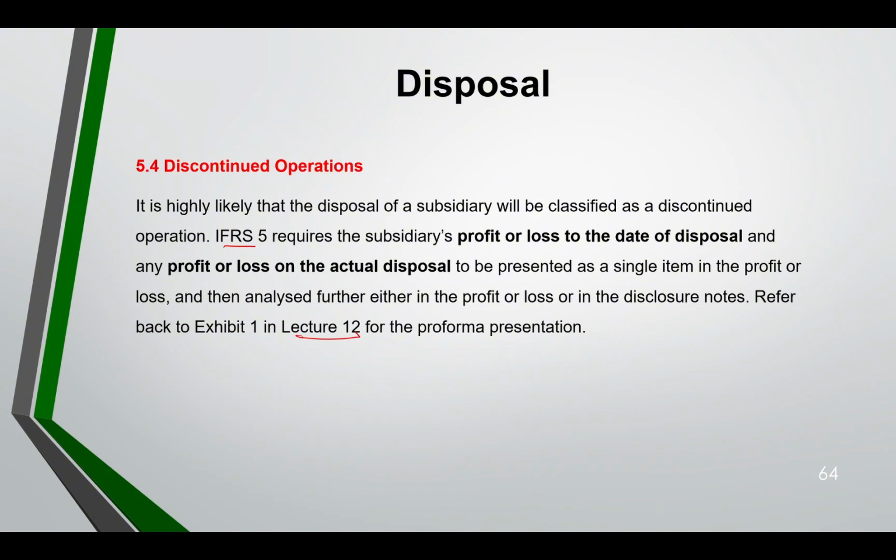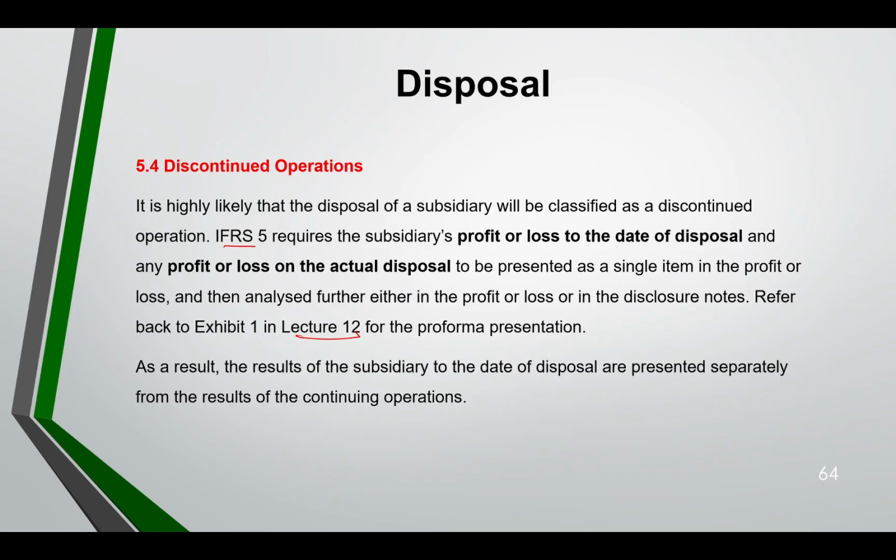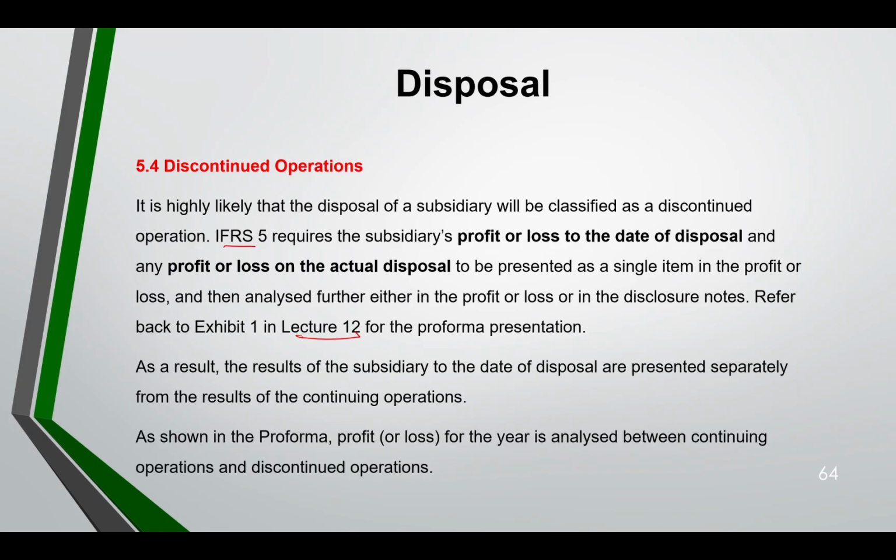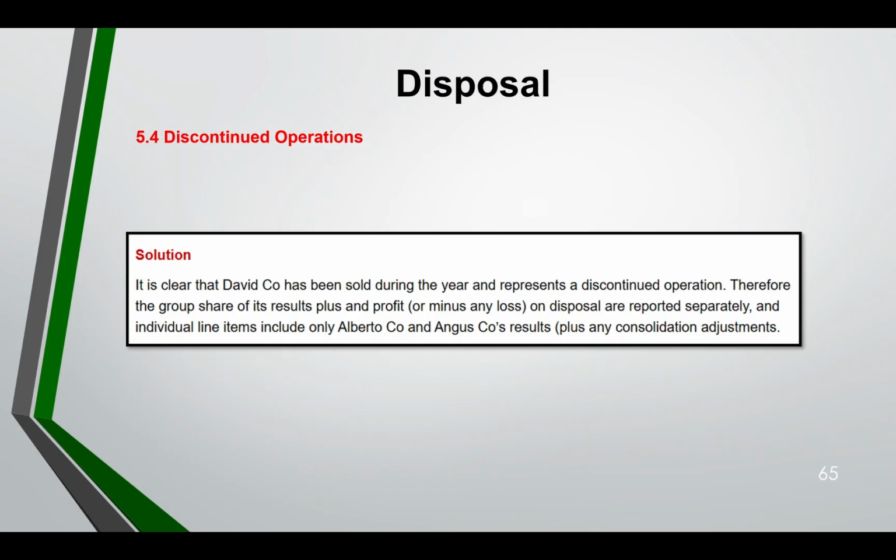You can refer back to exhibit 1 in your lecture 12 for the pro forma presentation. Because when a subsidiary is discontinued, their profit and loss is shown separately from other subsidiaries which are continuing. So as shown in the pro forma, you will analyze the profit and loss between continuing and discontinued operation.